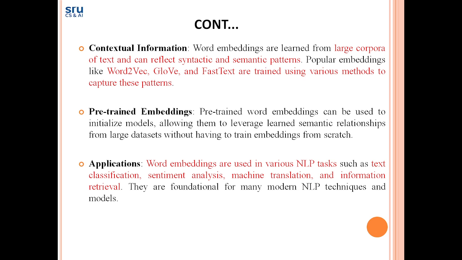Applications: word embeddings are used in various NLP tasks such as text classification, sentiment analysis, machine translation, and information retrieval. These are the foundation of many modern NLP techniques and models.